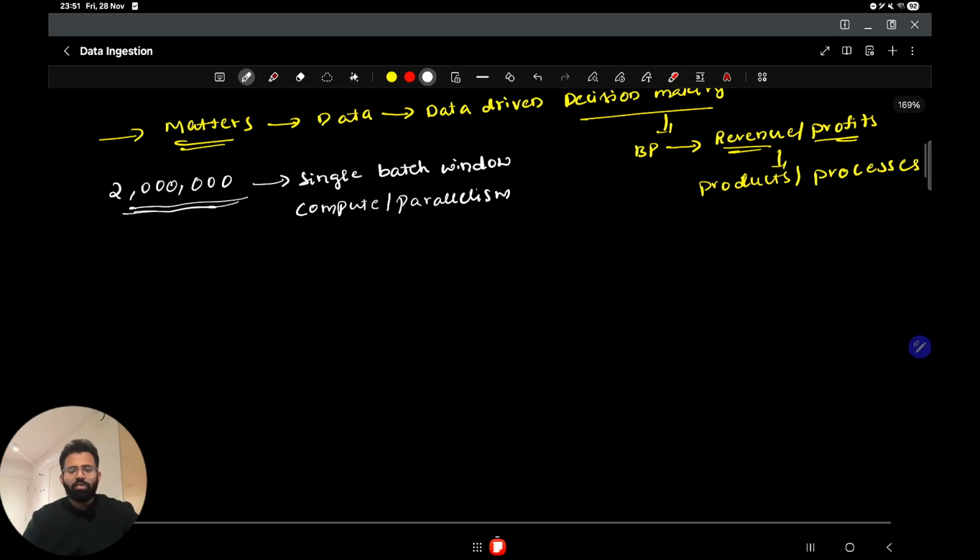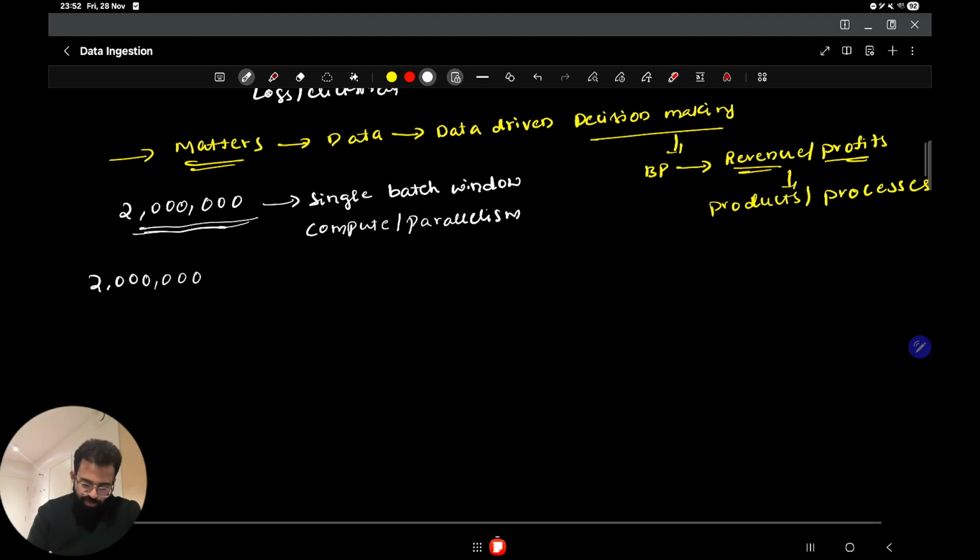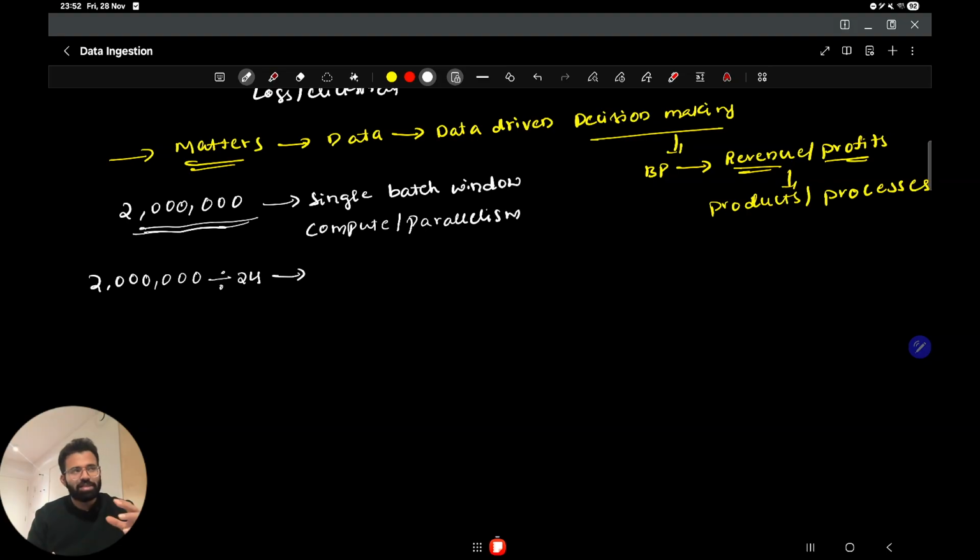But now let's say you are trying to process these 2 million events every 1 hour. Then it's 2 million divided by 24, which is approximately 83,000. If you have to process 2 million events in one day, you have to process everything in a single batch window.